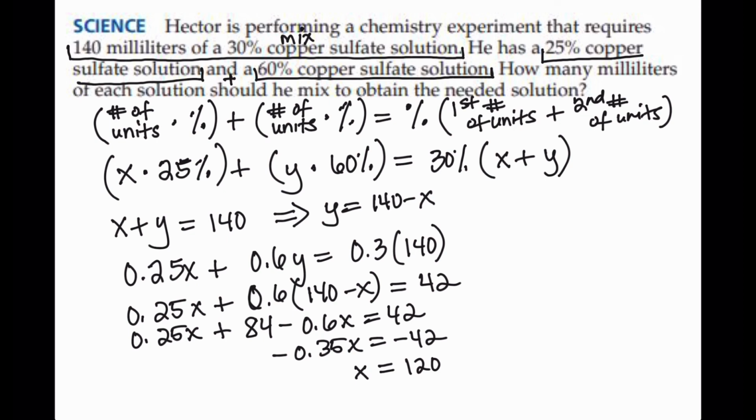Now, the x represents the 25% copper sulfate. So over here, let's say for the 25% copper sulfate, you need 120 milliliters.